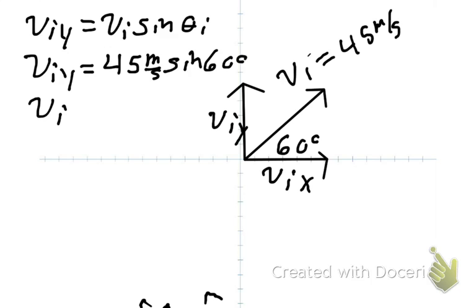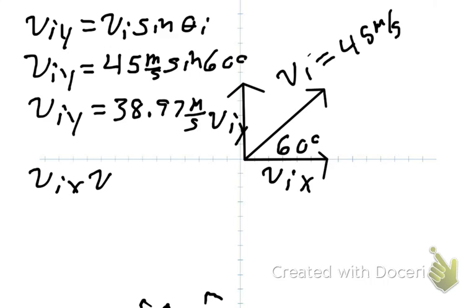So my velocity initial in the y is going to be 38.97 meters per second.